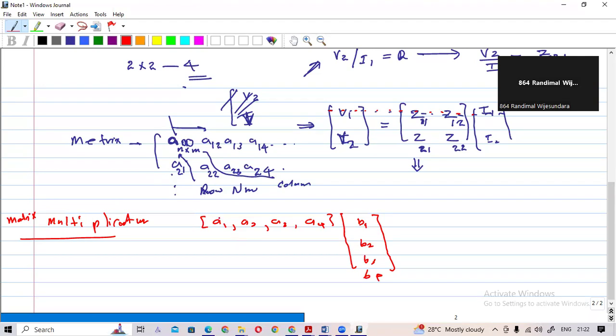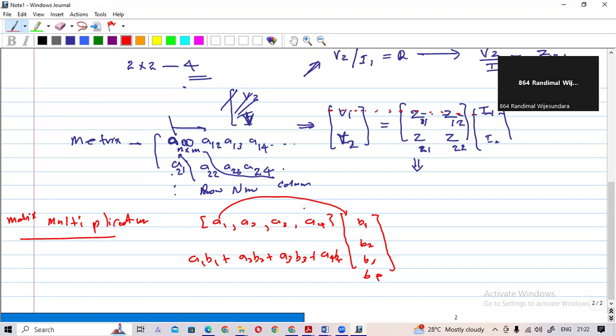Then this one is multiplied by this one: A1 B1 plus A2 B2 plus A3 B3 plus A4 B4.